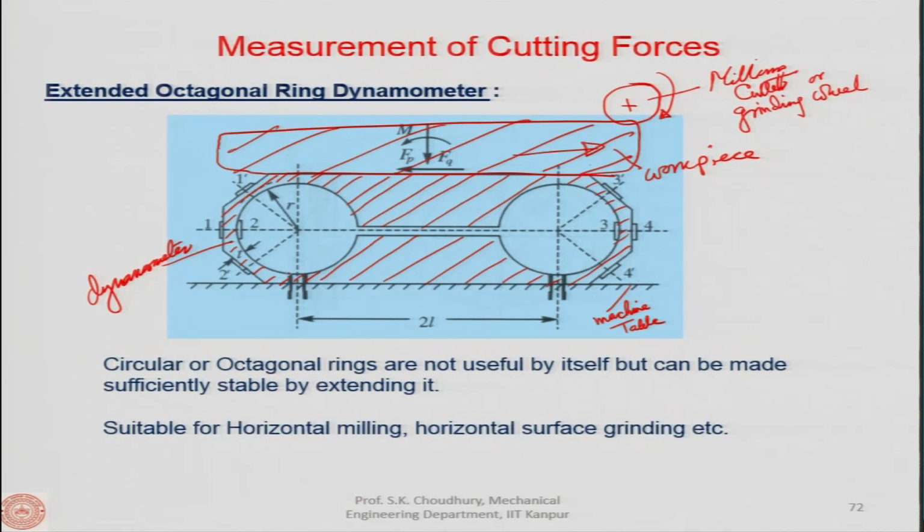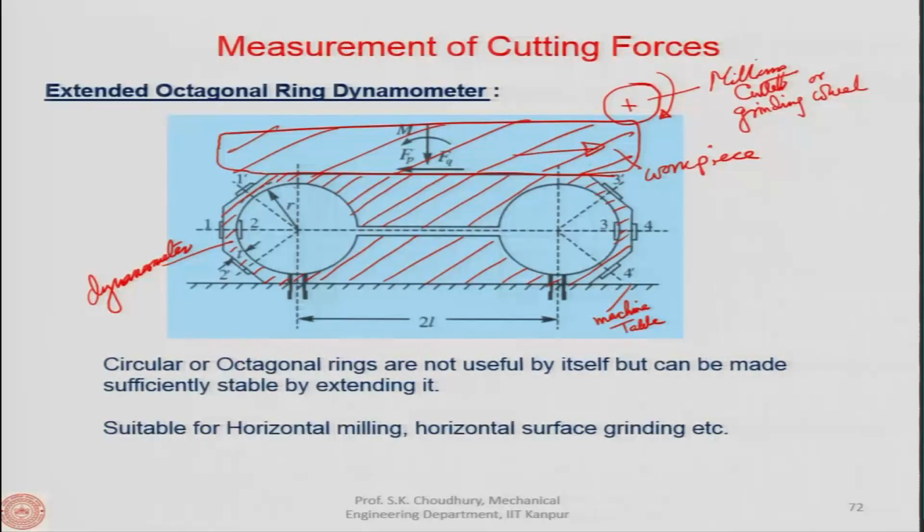So, now it is more flexible as well as very rigid, because it has very good rigidity and overall strength. This hole and this slot also give flexibility, so that a small amount of force acting, either thrust, axial or tangential force, can be easily sensed by the dynamometer. That is the idea.